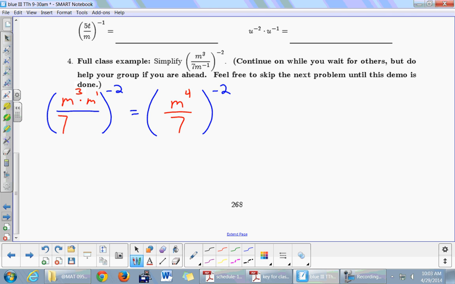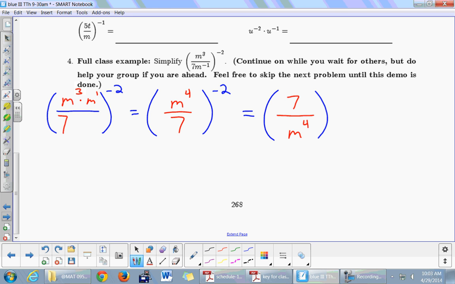So we've cleaned up what's inside as much as possible. Now we're going to deal with that exponent. First thing I see is it's negative. I don't like that. So let's fix it. That exponent applies to both of these babies, which means they're both unhappy, which means they both move. So it becomes 7 over m to the 4.